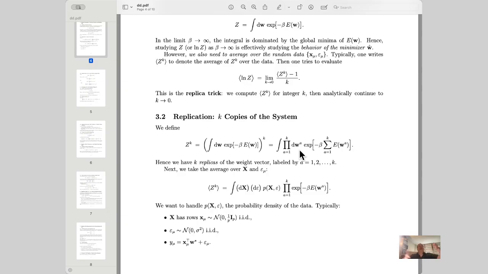It's almost like training the model over and over again with different initializations, taking the product of all, and then taking the limit as the number of replicas goes to 0, which in math is called an analytic continuation. This is a very technical thing that needs some complex analysis.